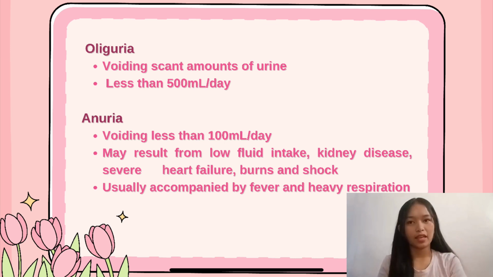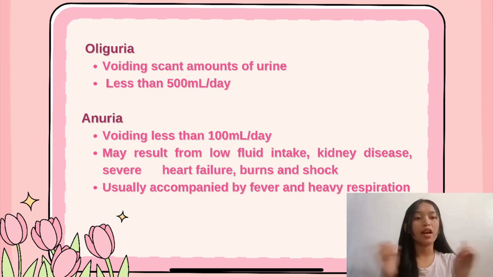Next is medication. Some drugs like non-steroidal anti-inflammatory drugs, certain antibiotics, ACE inhibitors, or medications used to treat overactive bladder can sometimes cause oliguria as a side effect. And last is other medical conditions such as heart failure, sepsis, burns, and trauma.